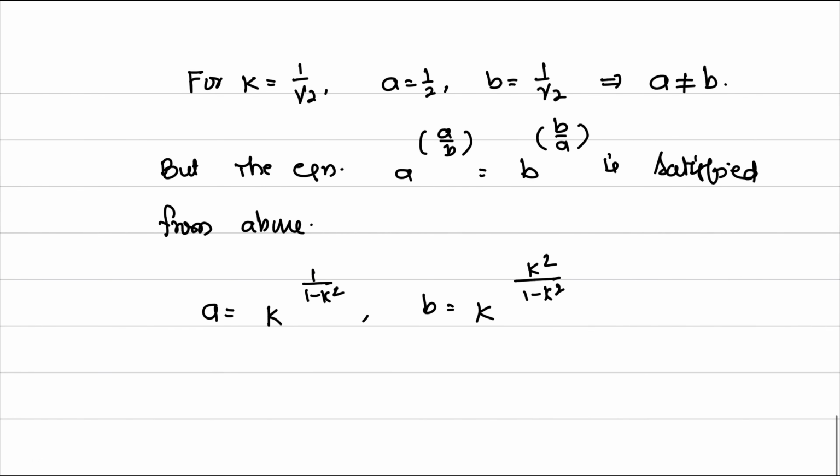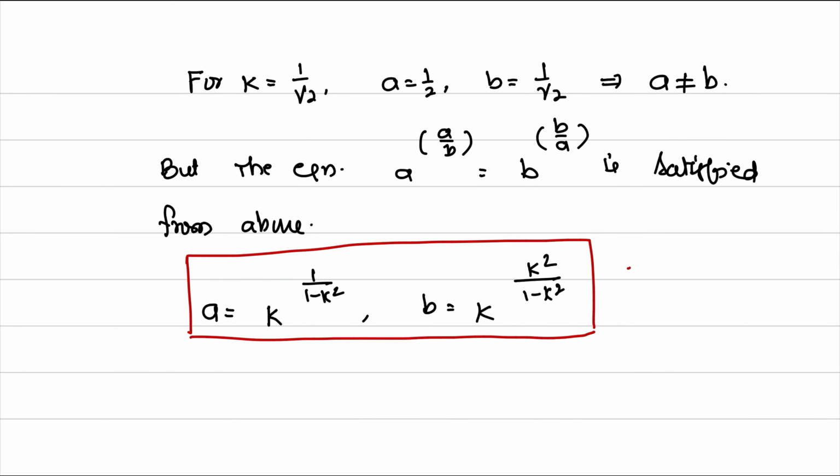These are the final solutions of the given equation where k is equal to a by b and a is not equal to b.